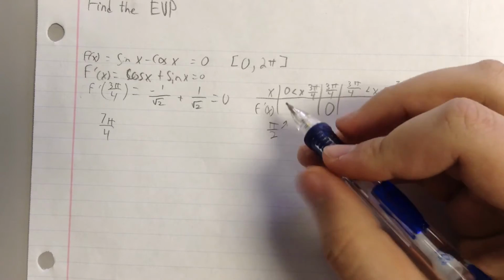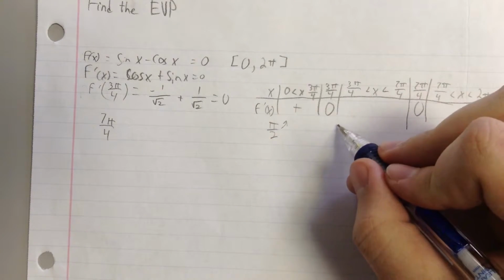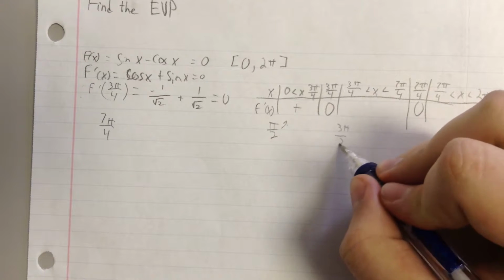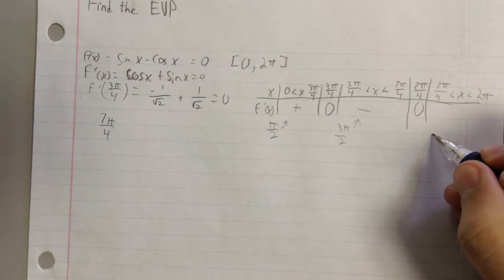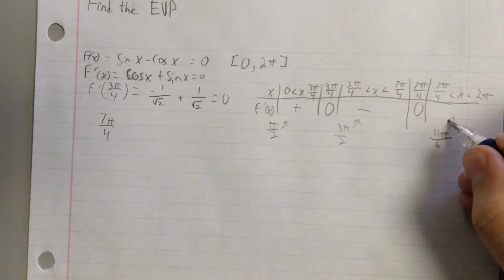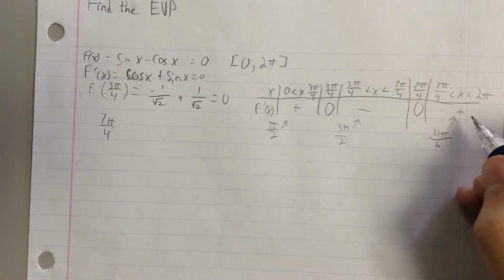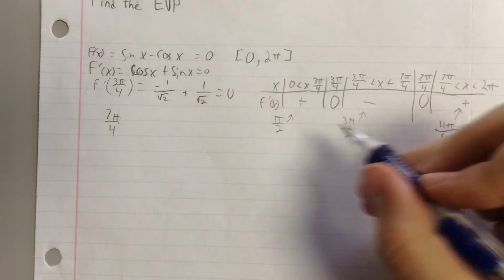It's going to turn this into a positive number. Then on this one, we will have 3 pi over 2, which is going to turn that negative. And finally, this one, since it's in the last quadrant, has to be 11 pi over 6, and that'll turn this positive.